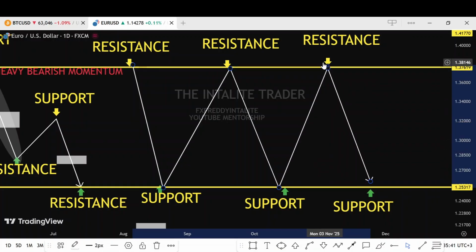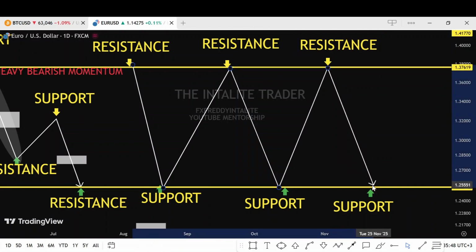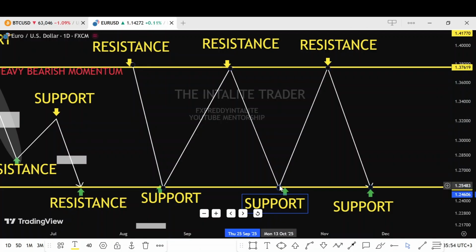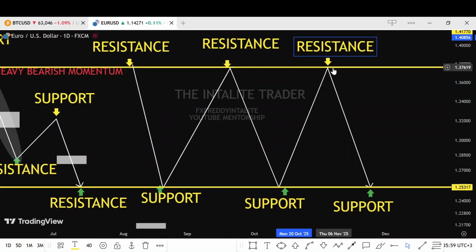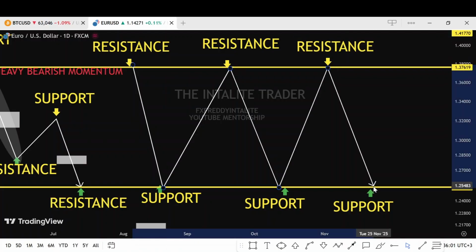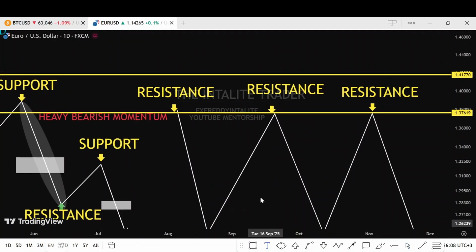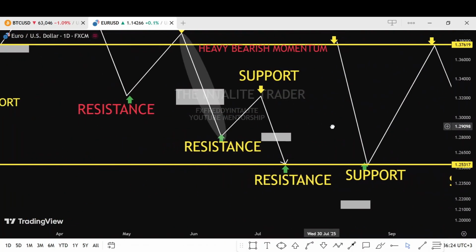It again encounters resistance here where it trades down. So with support, price is forced to go back. With resistance, it is forced to trade lower. So this is in a ranging market. In ranging markets, price will always move through resistance and support.